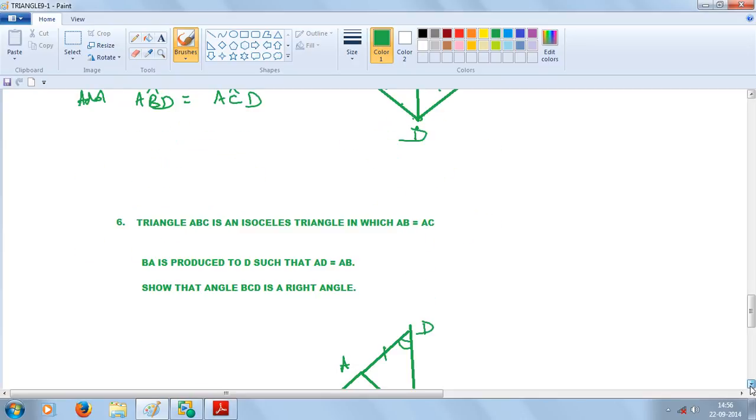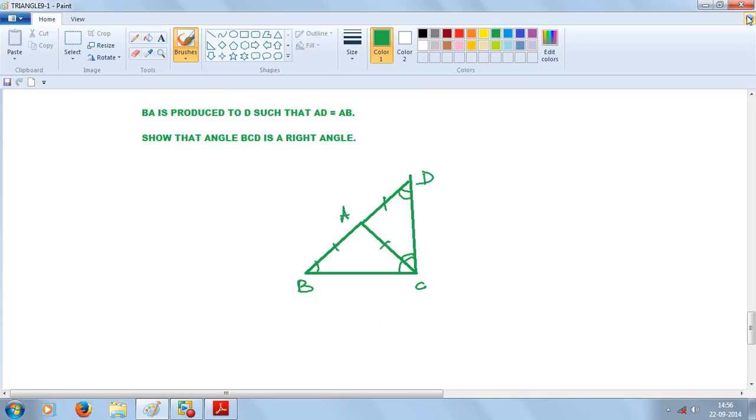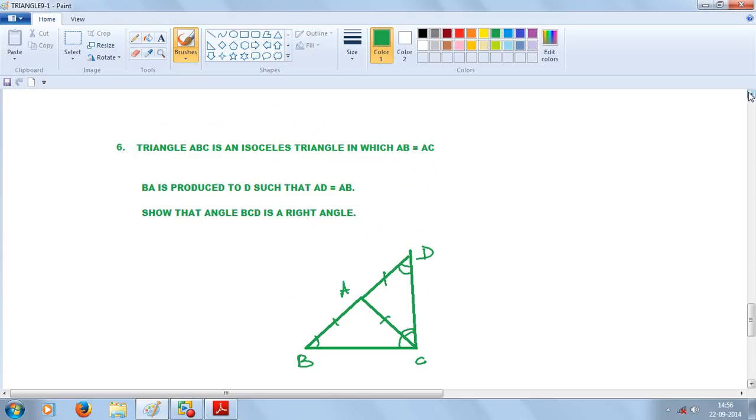Okay, next problem. Triangle ABC is an isosceles triangle. We are seeing some properties of isosceles triangle, in which AB is equal to AC, marked here first. Now we are going to prove it.